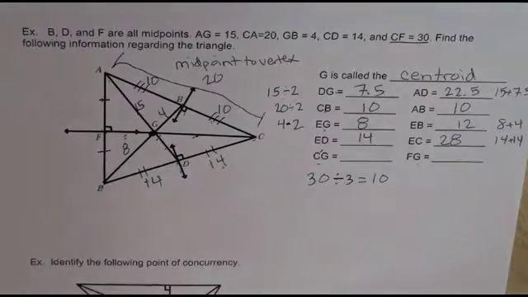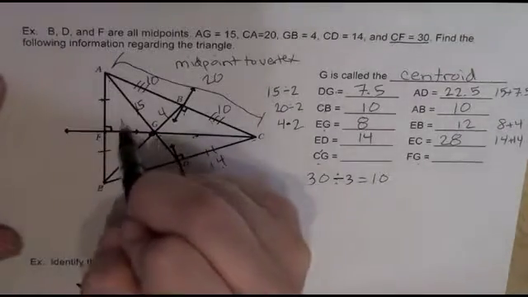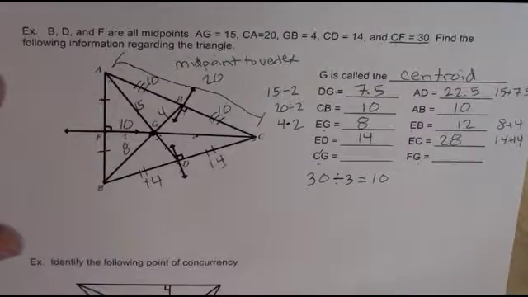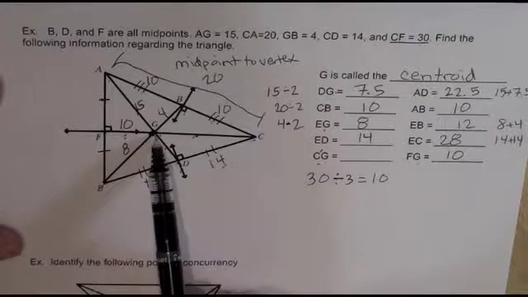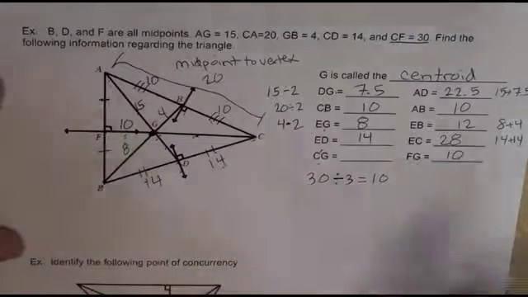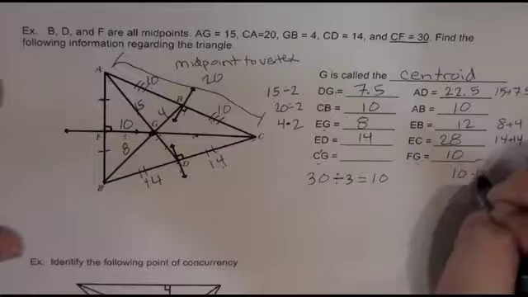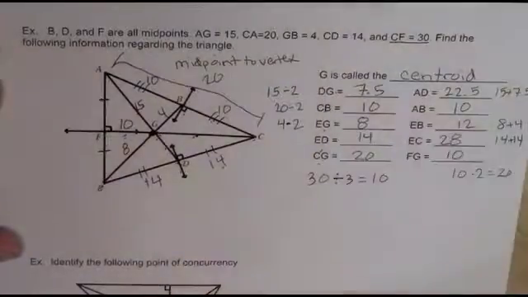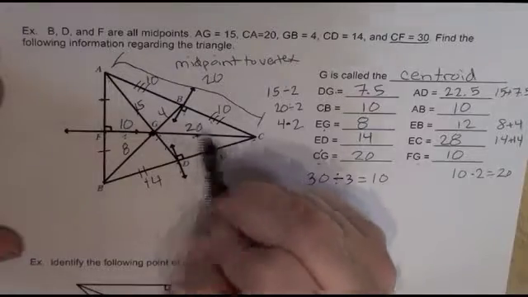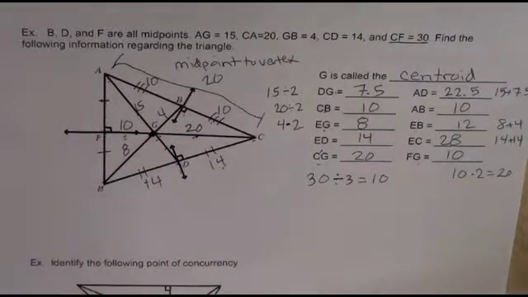Now what that means is that the shorter piece is 10, that's F to G, which means the longer piece, C to G, is twice the shorter piece. 10 times 2 gives us a length of 20. So the centroid, it's important to remember that one of the pieces is twice the distance of the other.